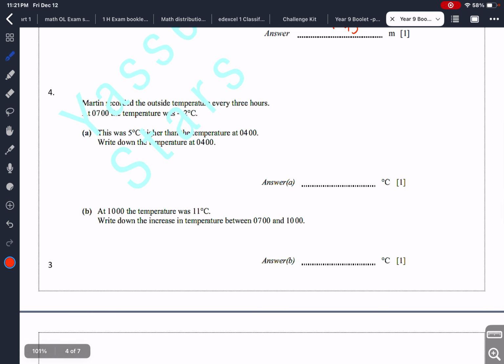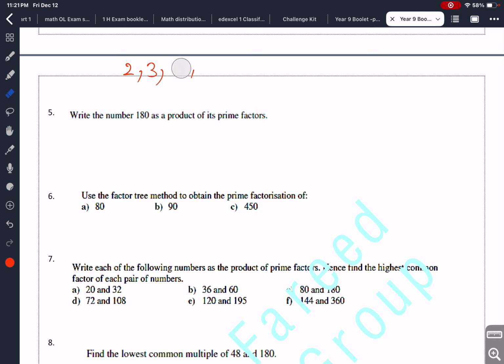Now, write down the number 180 as a product of its prime numbers. We know all the prime numbers from the list of prime numbers. It's 2, 3, 5, 7, 11, and so on.